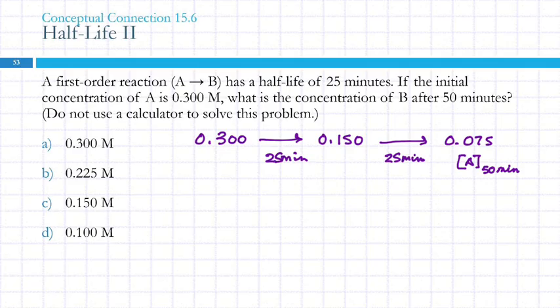It turned into B, and this was a 1-to-1 stoichiometry. So what we're looking for is 0.3 minus 0.075, which is 0.225. And that's the concentration of B.